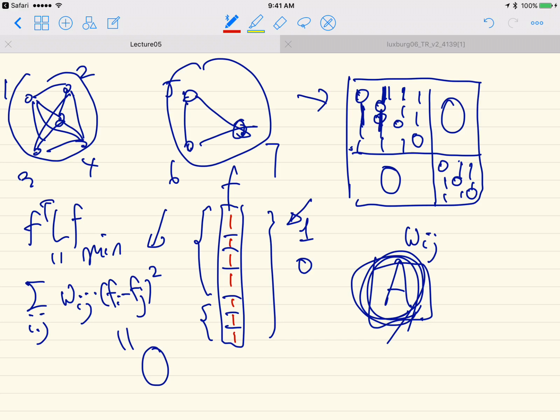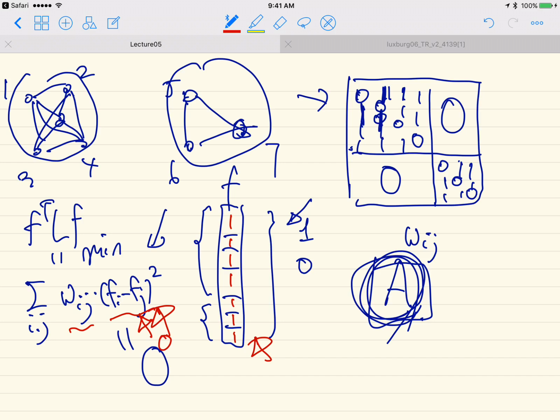How about this? In this case, can we make this 0? Yes, because regardless of the structure, this part is always 0. So this is one global trivial solution that will make this 0 for any adjacency matrix.